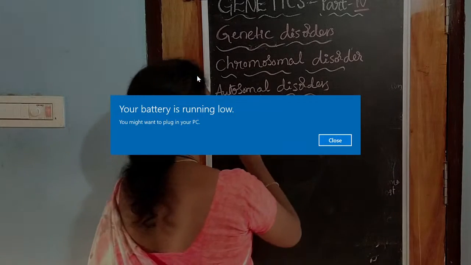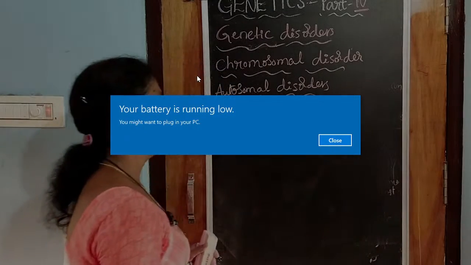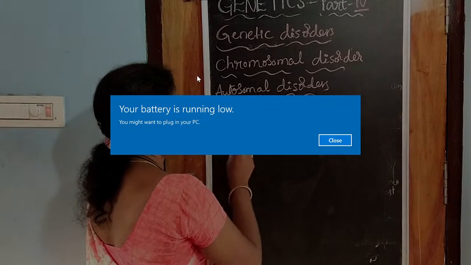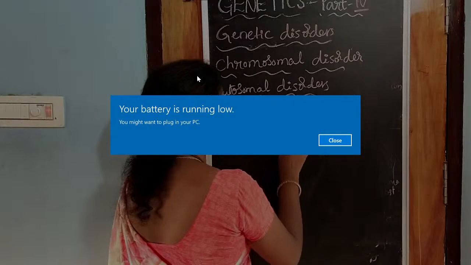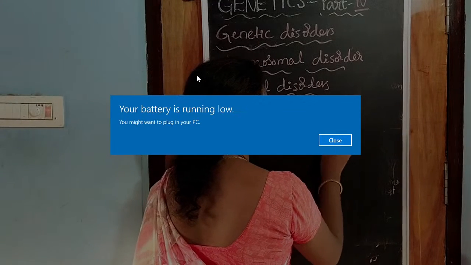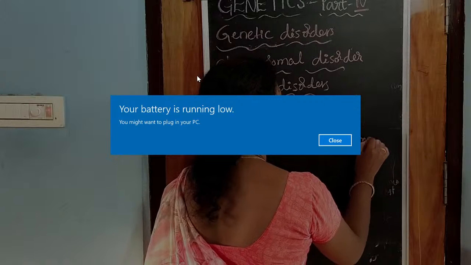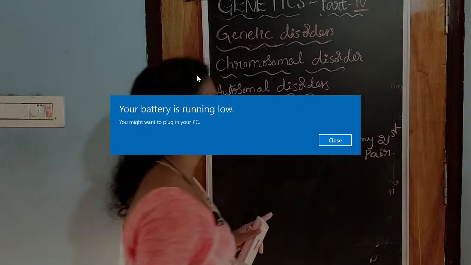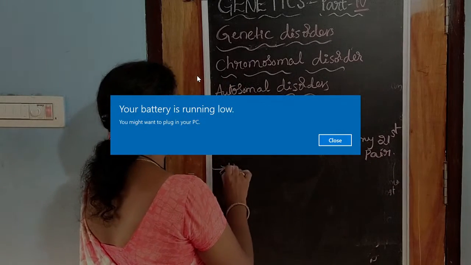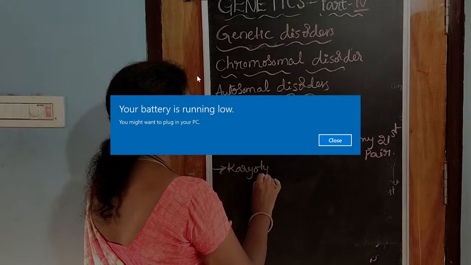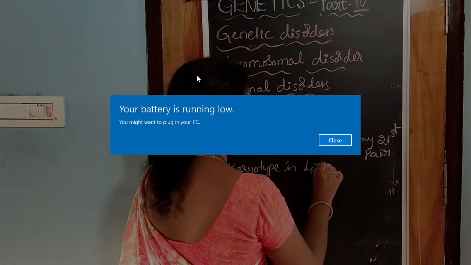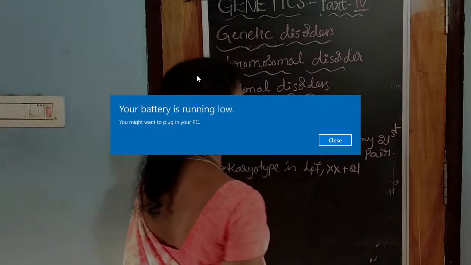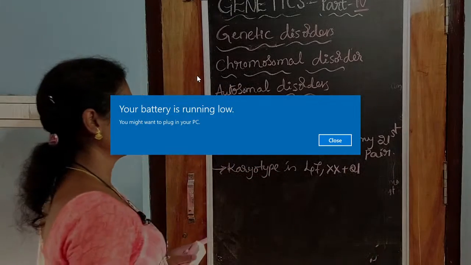It is a genetic condition caused due to the trisomy of the 21st pair. The karyotype is 47 XX plus 21.